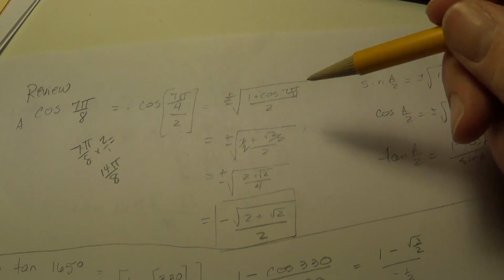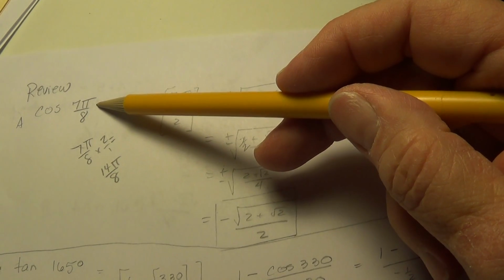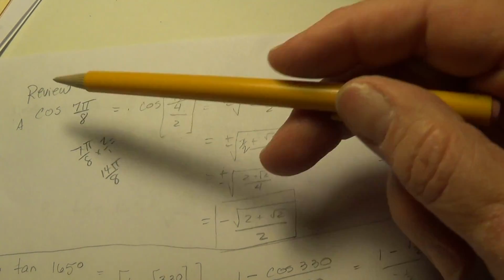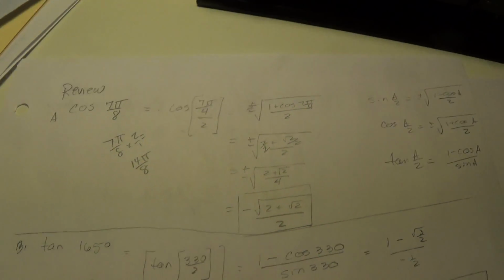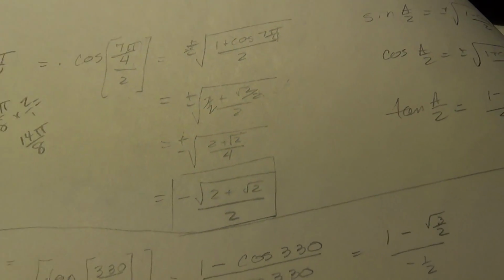Then I have to decide whether it's a plus or a minus, since 7 pi over 8 is in the second quadrant where cosine is negative. So that's why I chose the negative sign. Alright, so hopefully that answer makes sense to you.